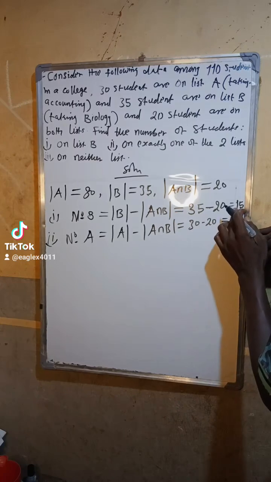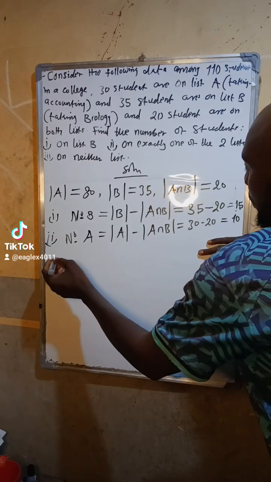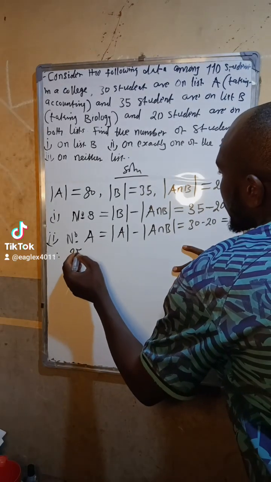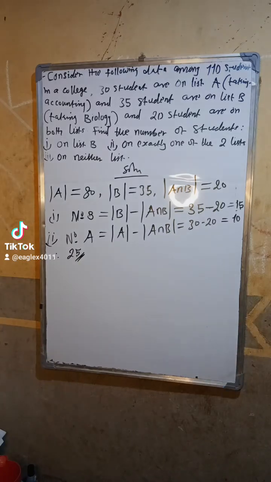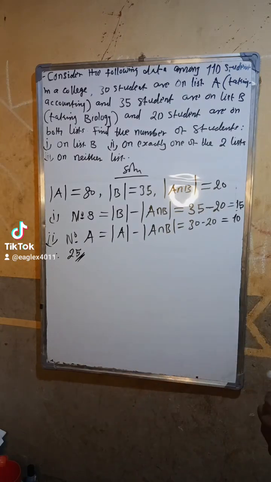If you add this 15 with this 10, it will give us 25, which means the number of students on exactly one of the two lists is 25.